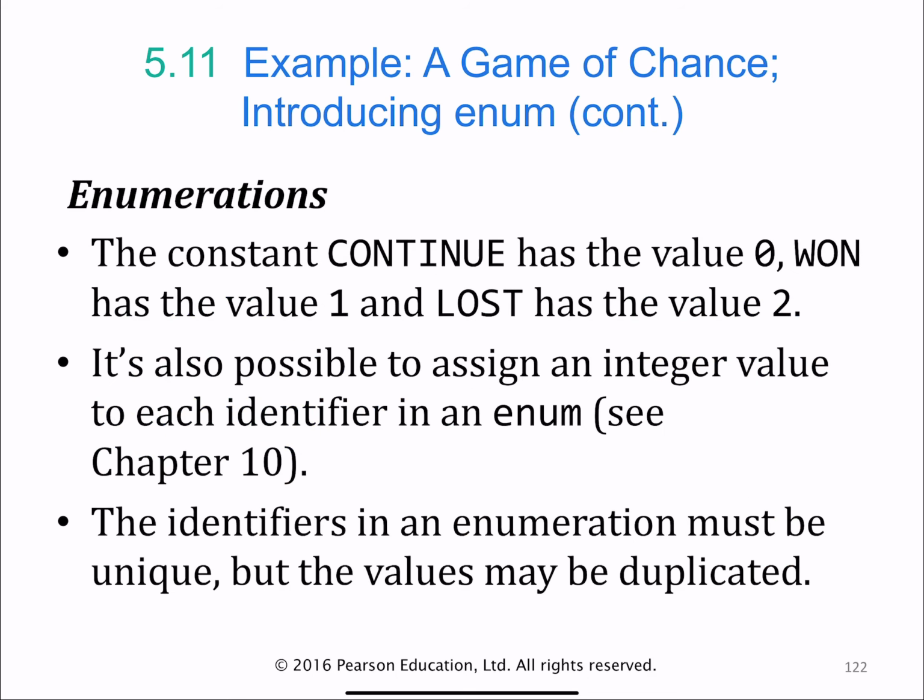So in our case, continue had the value 0, won had the value 1, and lost had the value 2. Like I said, you can change that, but we'll get to that a little later in chapter 10.